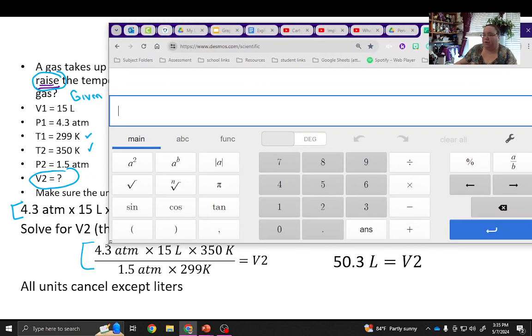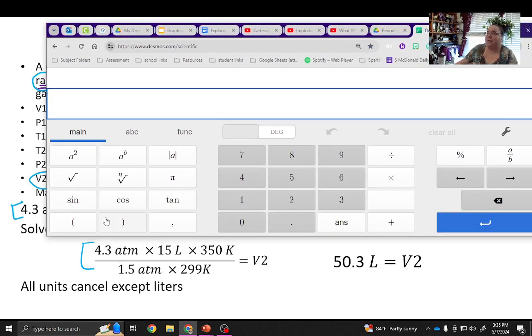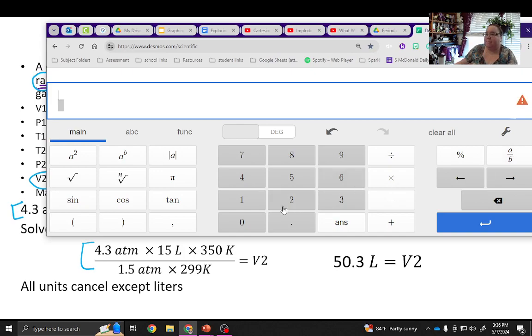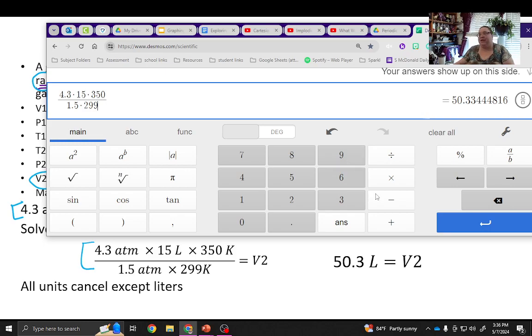So, we're typing this in. I need my fraction button. I got 4.3 times 15 times 350. Arrow down to the bottom. 1.5 times 299. This is the nice thing about this, once you figure out where everything goes, it's plug and chug.